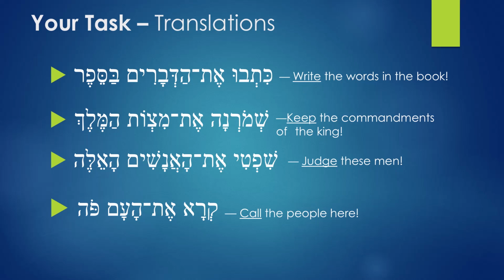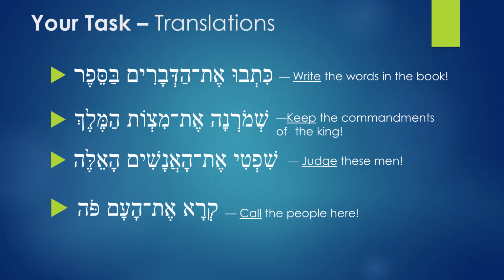Next you have shifti et hanashim ha'ele. Shifti is imperative because of the form. If you can look at it, it looks imperative. The i at the end is a suffix for the imperative, coming from feminine singular. If you check on the table, this is a feminine singular. And the T prefix has disappeared, so you have shifti.